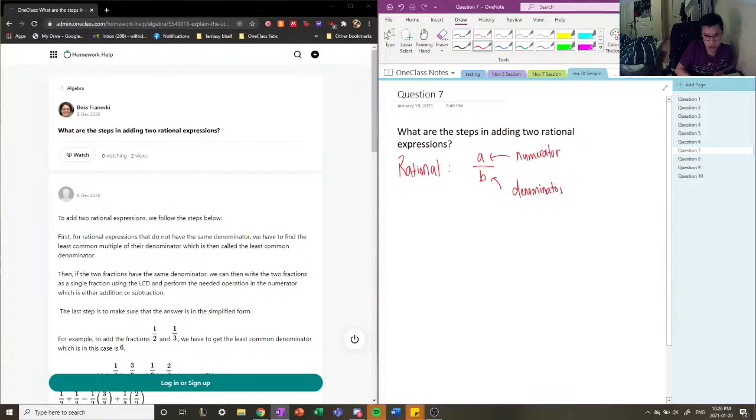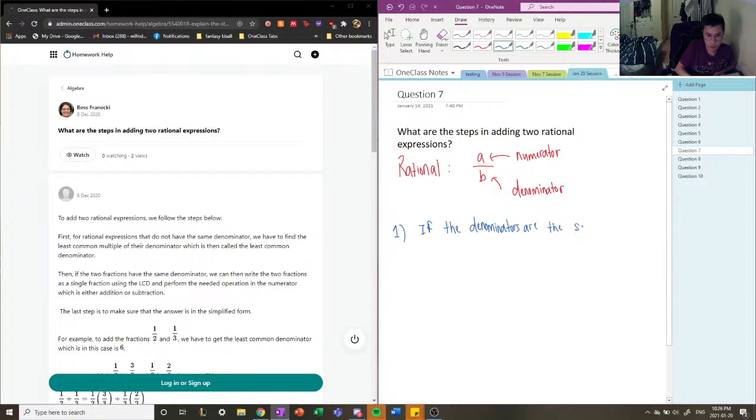Okay, so we have two distinct cases, really not distinct. So the first case is a simple case, right? Whenever we're adding two rational expressions, we need to make sure that the denominators of both expressions are the same. So the first case is if the denominators are the same.